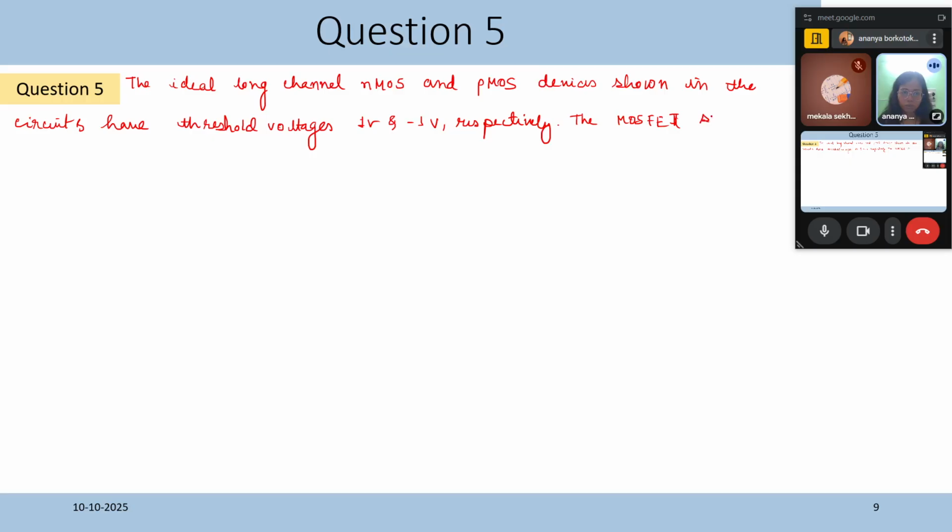The MOSFET substrates are connected to their respective sources. That means there is no body bias voltage.